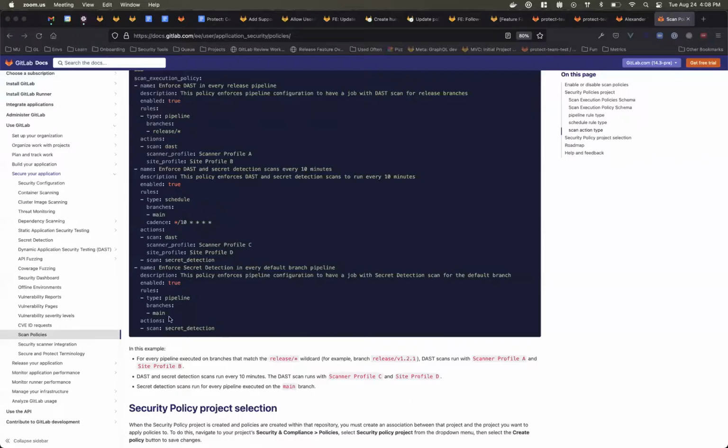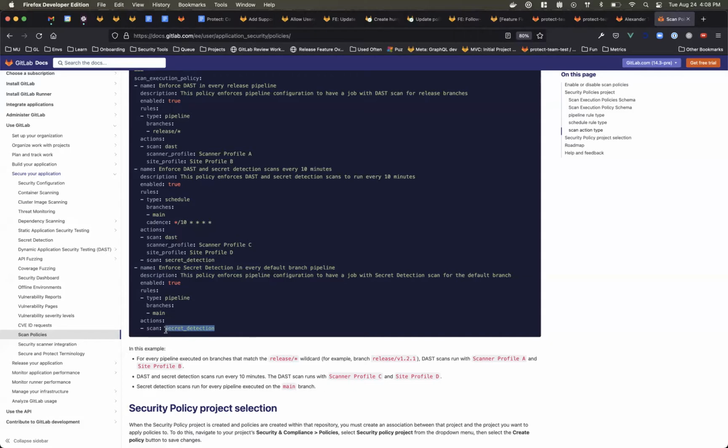And just so I understand fully, basically the scan will look, as you mentioned, very similar to secret detection. I'm looking at the docs here for the scan policies. Here is what a scan for secret detection looks like.